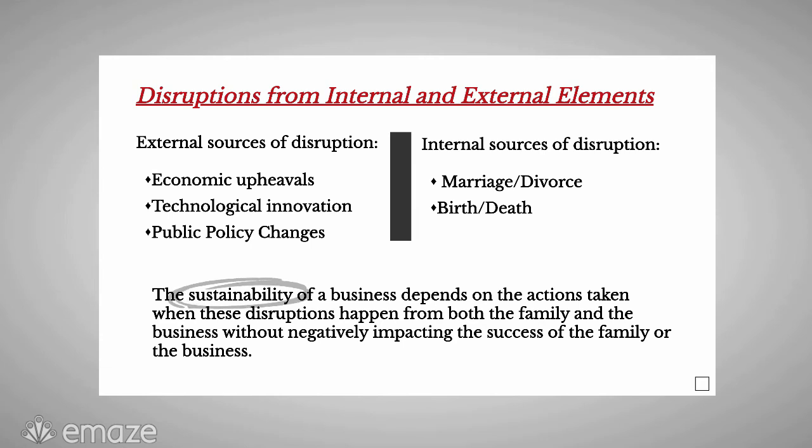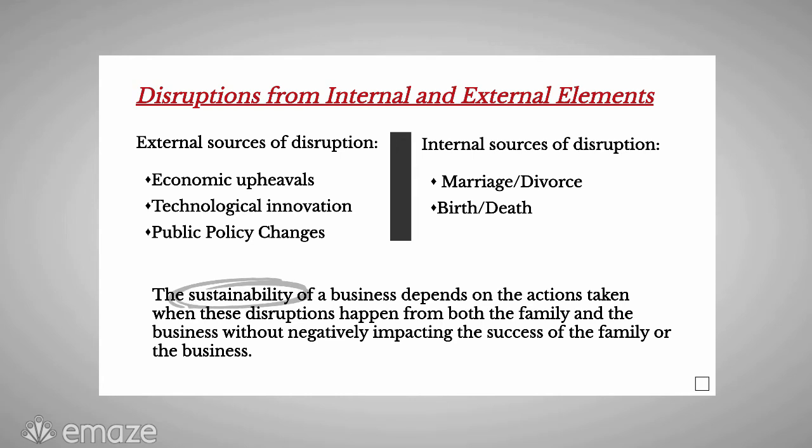As you can see on the slide, there is a list of external sources of disruption and internal sources of disruption. Under external sources of disruption, you have economic upheavals. For example, coronavirus would be a perfect example of an economic upheaval. After economic upheavals, you have technological innovation.